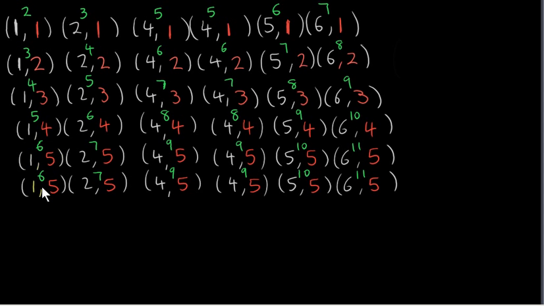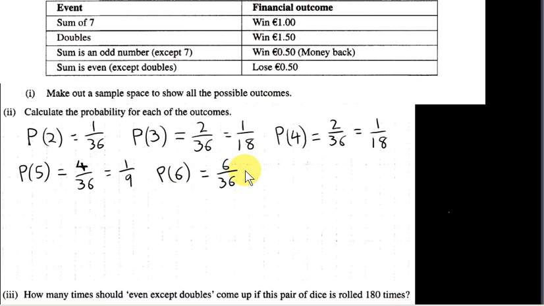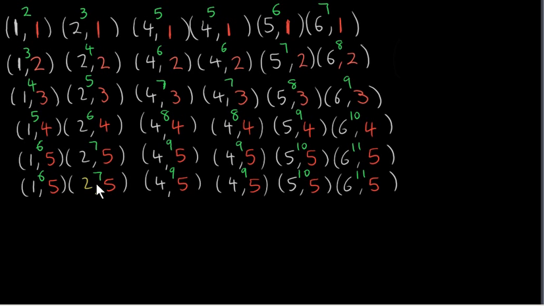How many 6s do we have? We have 1, 2, 3, 4, 5, 6. 6 6s. So the probability of getting a 6 is 6 over 36, which is 1/6. What about 7? We've 1, 2, 3, 4, 5, 6 7s.